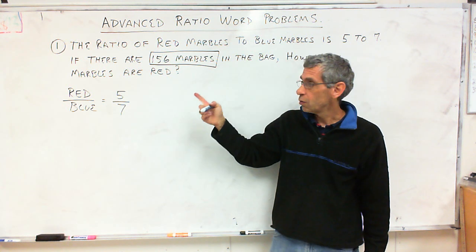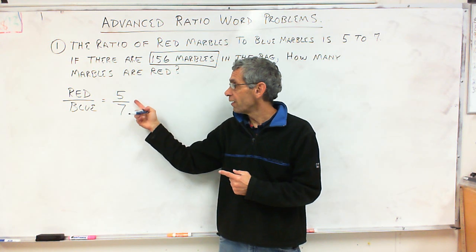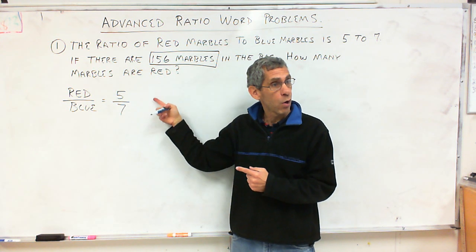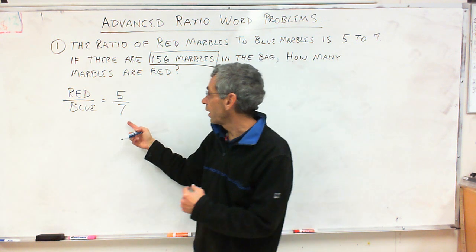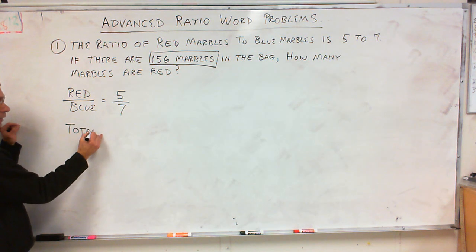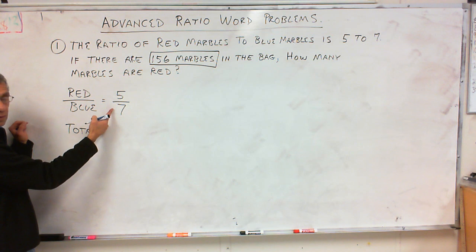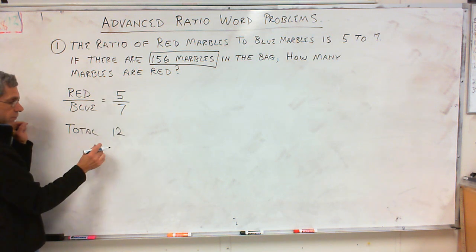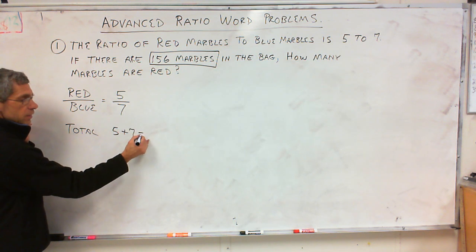So I have to go back to my original ratio where reds are 5. There are 5 reds and 7 blues. How many are there of both in this scenario? 12, right? So the total in this scenario is 5 plus 7, which equals 12.